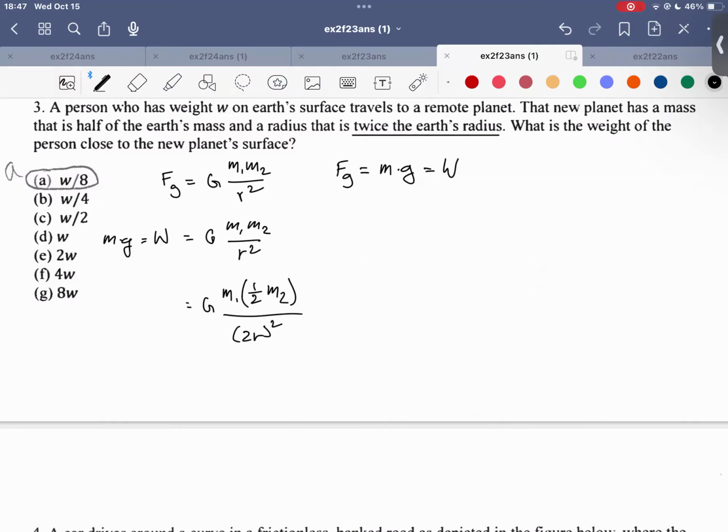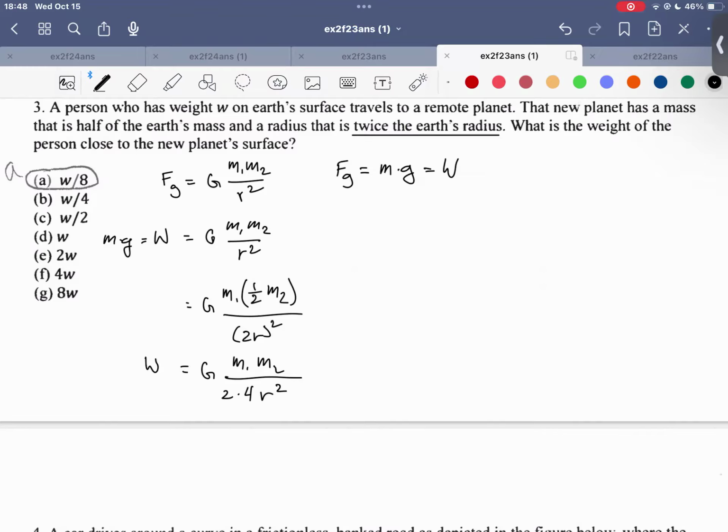And so from here, when we reduce everything, we say this over 2, because we're going to take this 1/2 and move it to the denominator. So we say 2, and then we're left with times 4r squared.